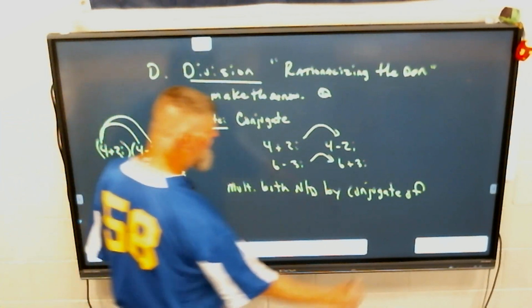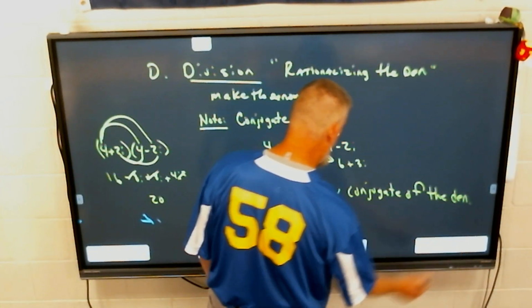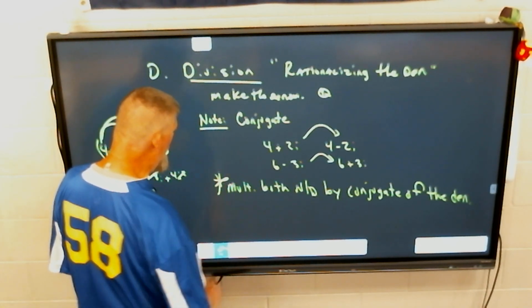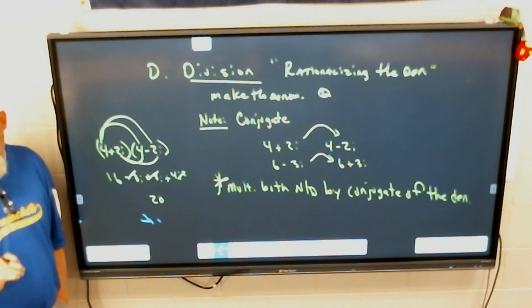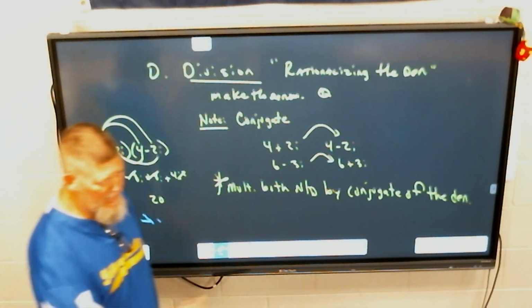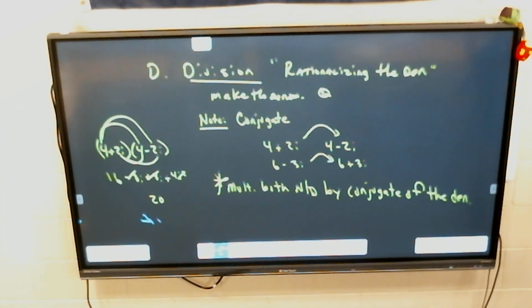So we're multiplying by the conjugate of the denominator. I don't care what the numerator is. The numerator can be anything: rational, irrational, complex. It's my denominator that gives us this problem. So we take the conjugate of the denominator, multiply it top and bottom, and we're done.